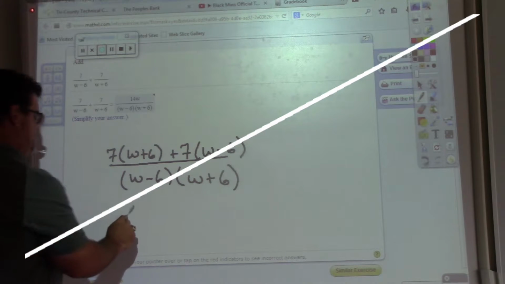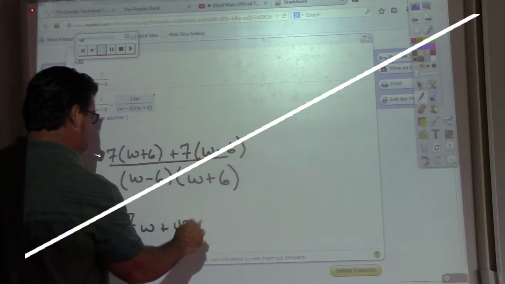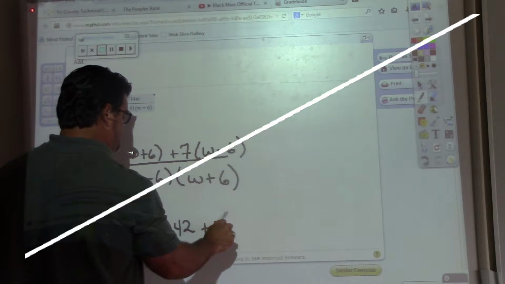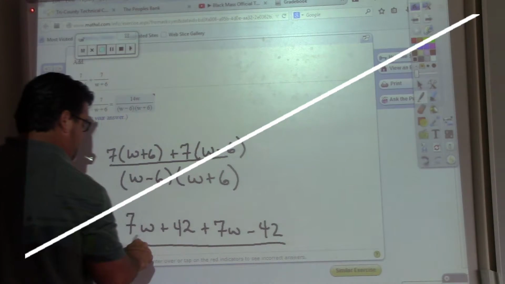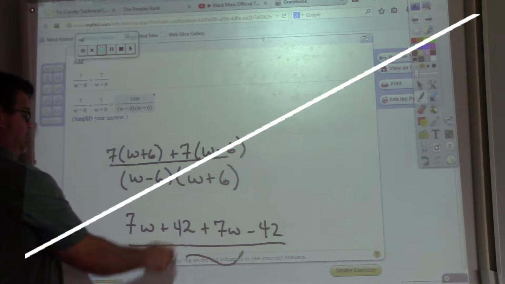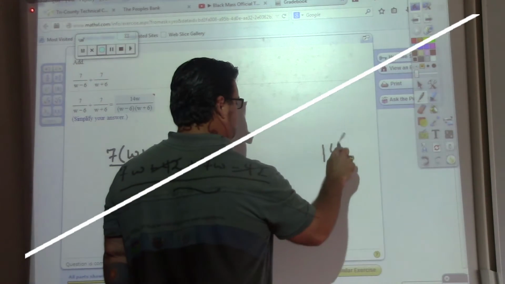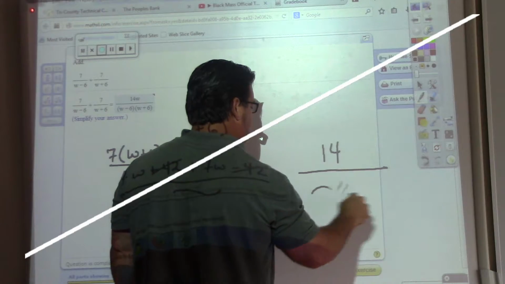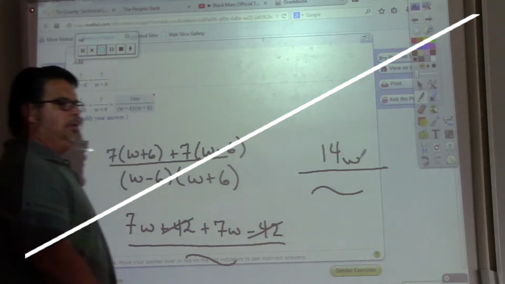And that'd be 7W plus 42 plus 7W minus 42 over the common denominator. And what happened to the 42s? You're left with 14W over the common denominator.